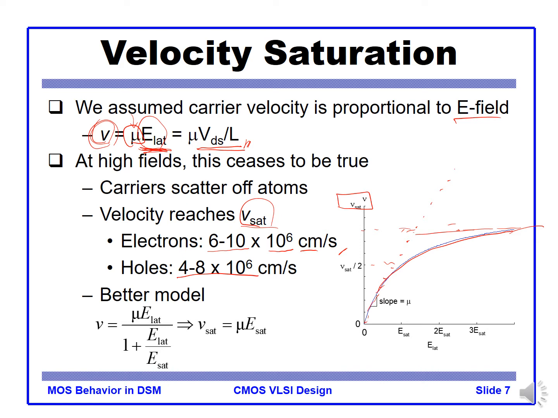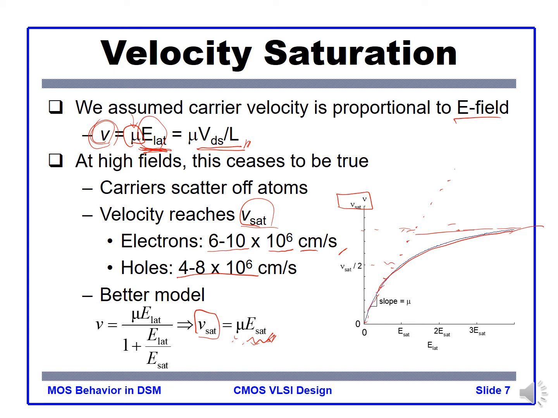So we can define the critical E field, the saturation E field, that defines the speed of the electron. If the speed is limited, it means the current is limited. The actual current across the channel will be smaller.